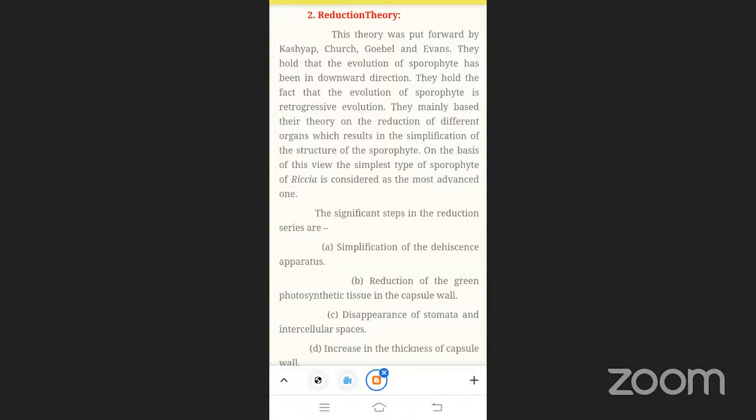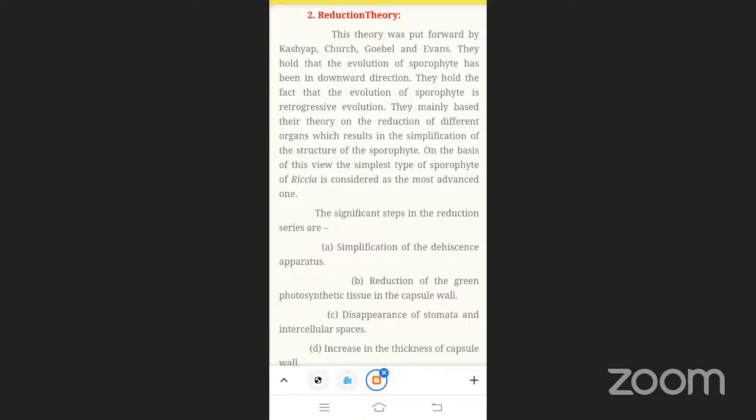So here there is simplification of the dehiscence aperture and reduction of the photosynthetic tissue in the capsule wall, and a decrease in the thickness of the capsule wall, with the thickening material disappearing from the wall cells. These changes slowly eliminate the foot and seta.